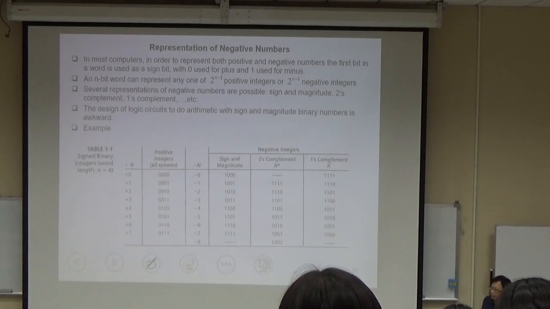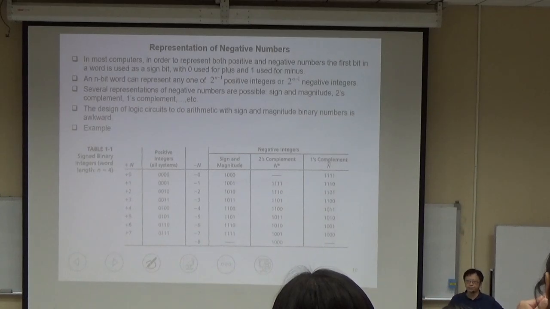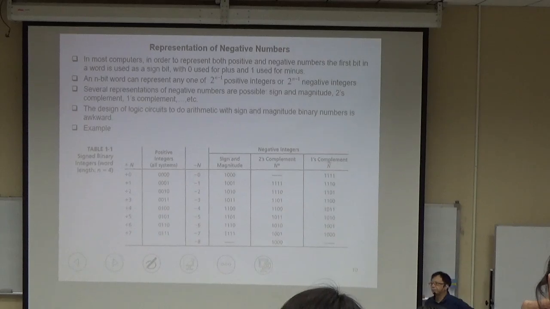All these expressions. So figure out how to convert this negative number to this expression, and figure out how they get this. I'll give you 5 seconds, then I'll give you the answer. Okay.